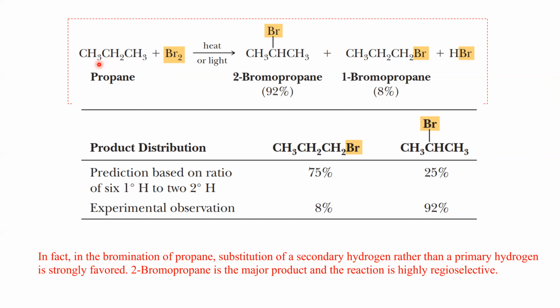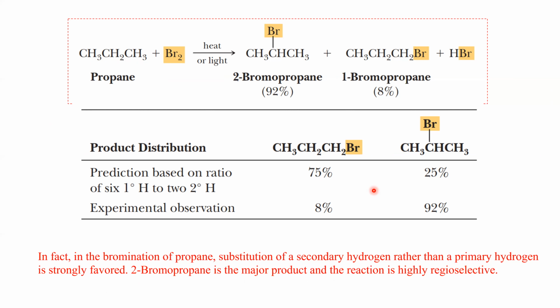So firstly I will just mention what fact has been established by this experimental reaction: in the bromination of propane, the substitution of a secondary hydrogen rather than a primary hydrogen is strongly favored. So 2-bromopropane is the major product and the reaction is highly regioselective, right?